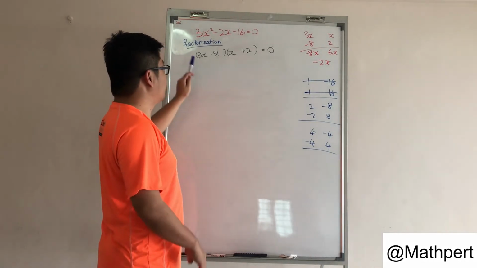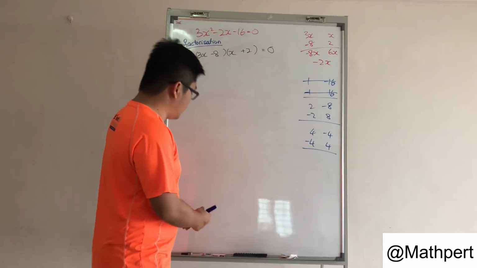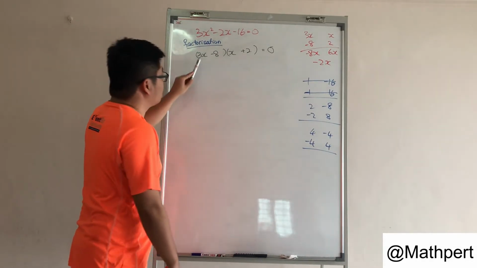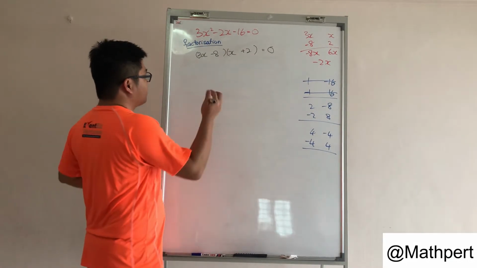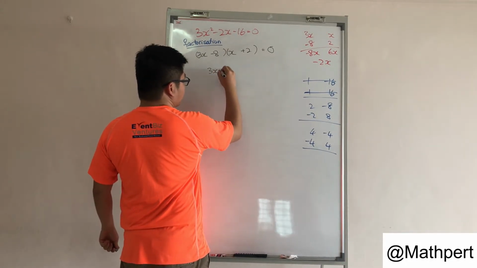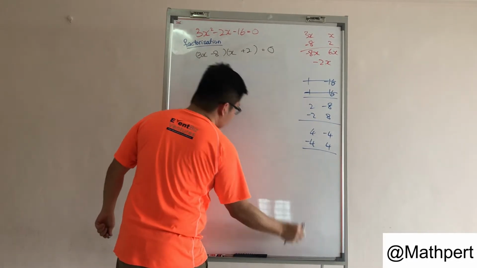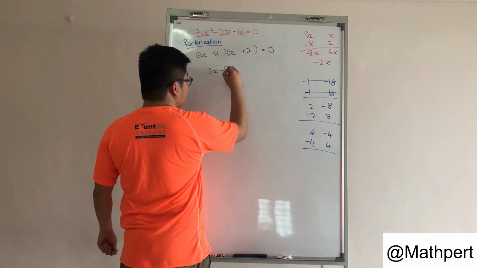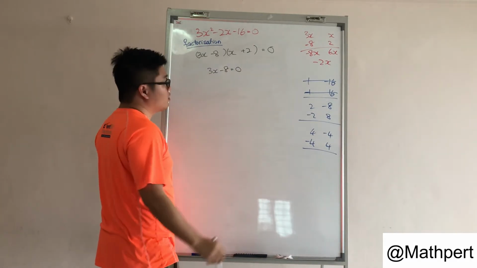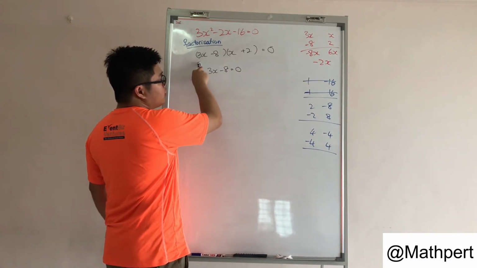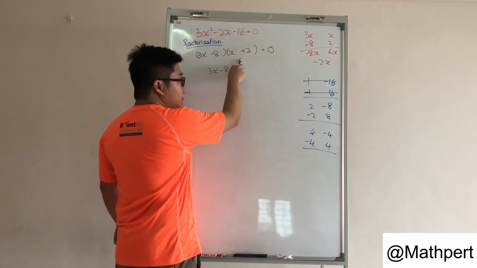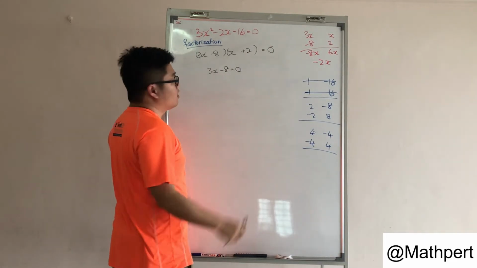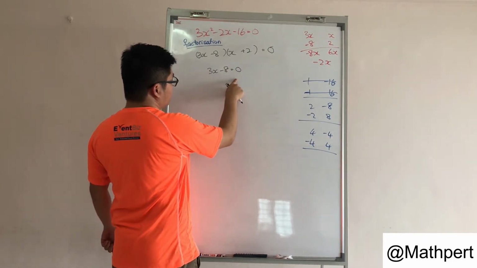So first, we take a look at 3x minus 8. 3x minus 8 equals 0.